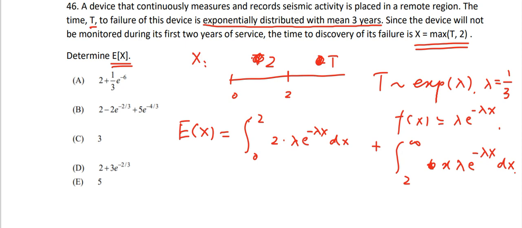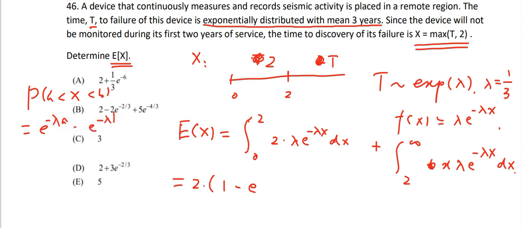So the first one equals 2 times (e to the negative lambda 0, so 1, minus e to the negative lambda 2). Recall the formula: the probability between A and B is e to the negative lambda A minus e to the negative lambda B. So lambda is 1 over 3, and we plug in 2. Okay, so this is the first one.